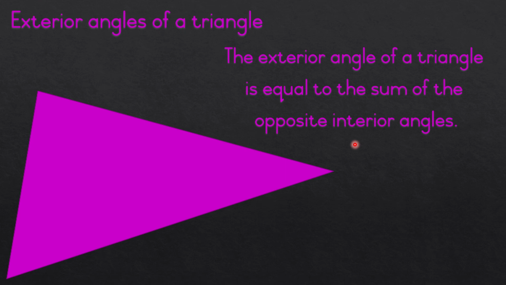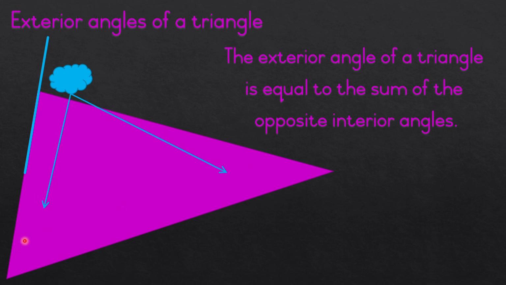We need an exterior angle, so let's extend our base to form another angle there. This angle is equal to the sum of the opposite interior. Let's find our opposite. It's not this one, it is opposite that one. So that one and this one, those two angles.